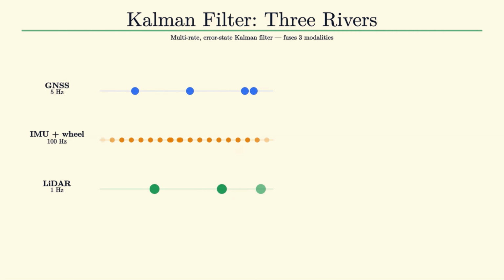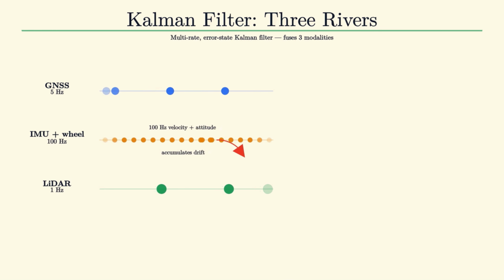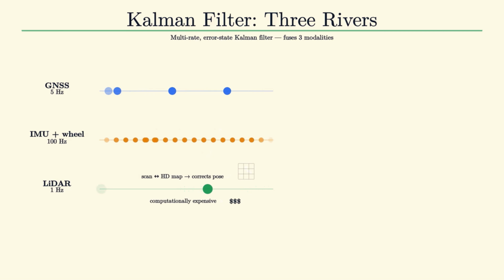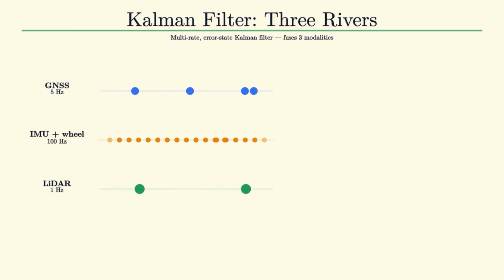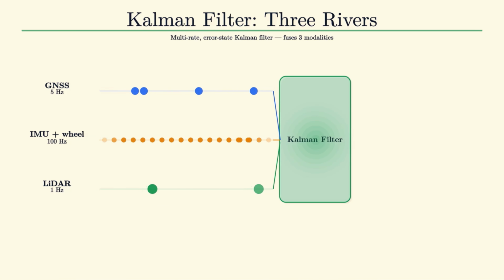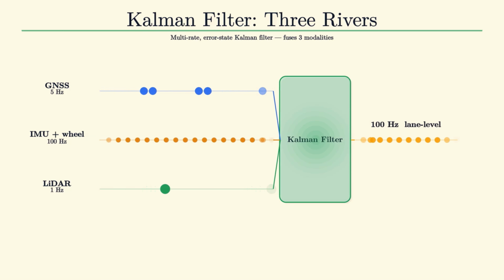The IMU and wheel speed sensors provide high-frequency velocity and attitude updates, but they accumulate drift. LiDAR map matching compares the current point cloud scan against a pre-built HD map to correct pose, but is computationally expensive. The Kalman filter integrates all 3 streams and produces a continuous smooth pose estimate. The output is lane-level accuracy.